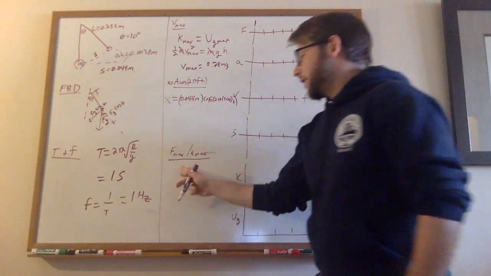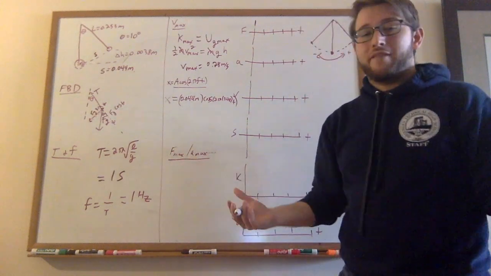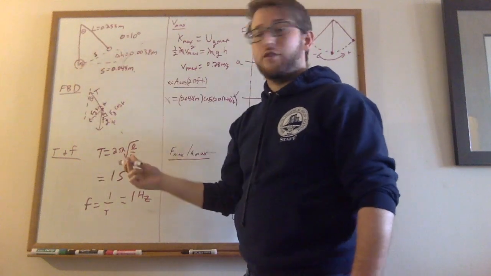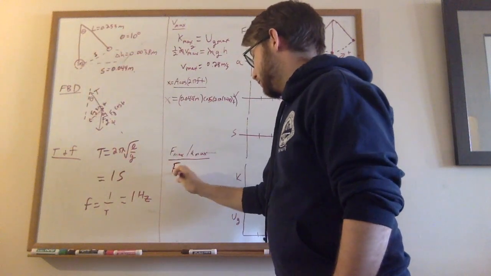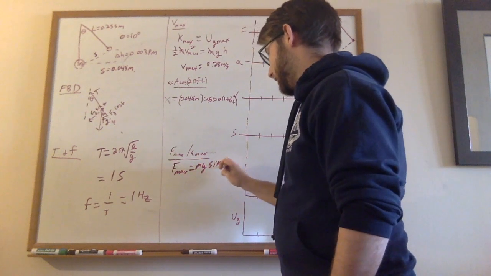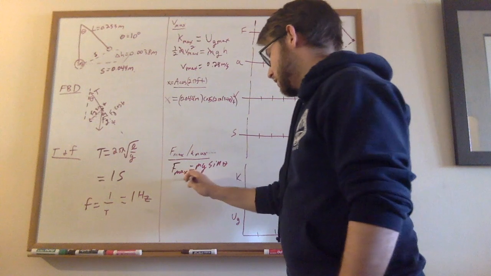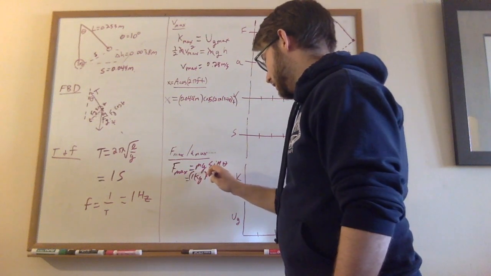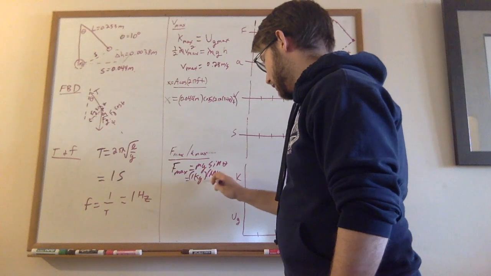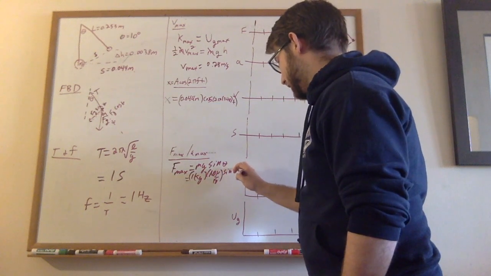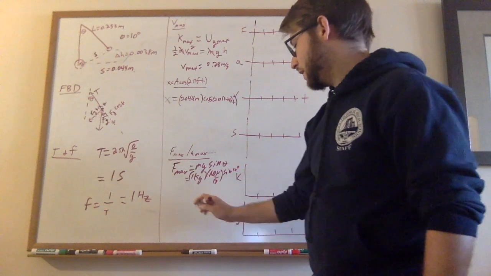We want to know where is that force going to be maximum and what would that value be. So that maximum is going to happen at our largest angle. So that maximum force is going to be mg sine theta. Our mass is 1 kilogram, 10 newtons per kilogram for g, and sine of 10 degrees.